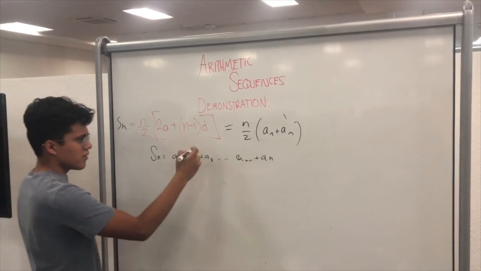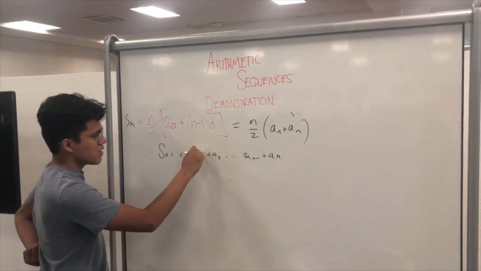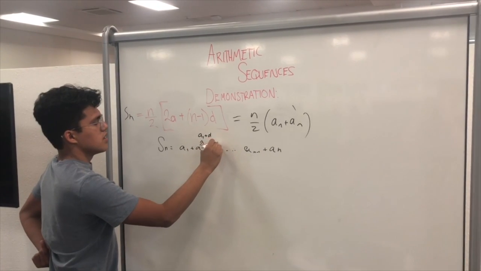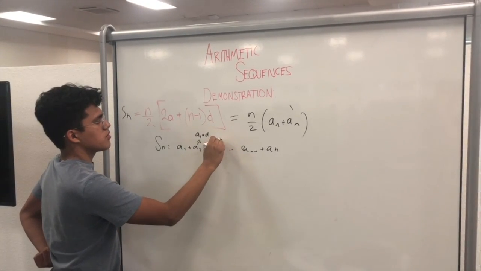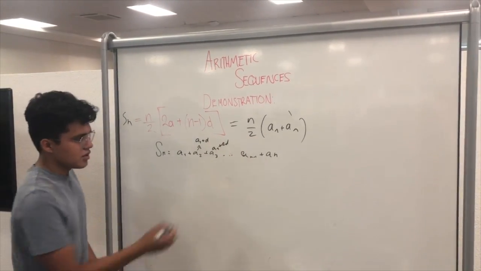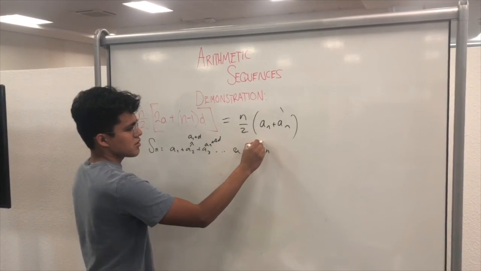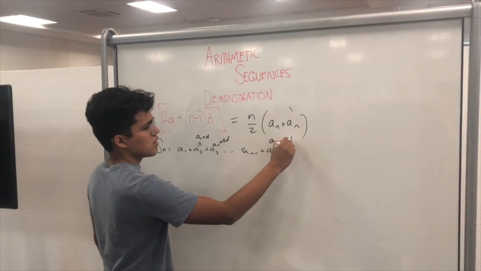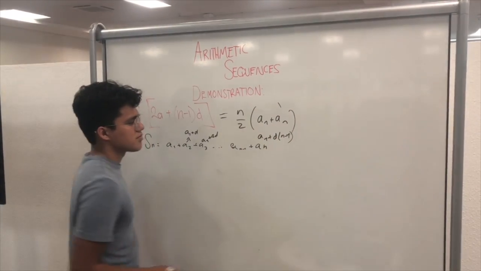But as my colleague over here already explained, we can write this as a1 plus d, a1 plus 2d, etc., until we get here, which is actually a1 plus d times n minus 1.